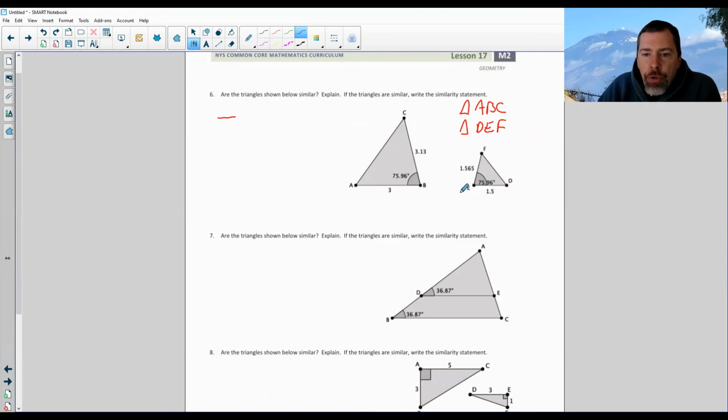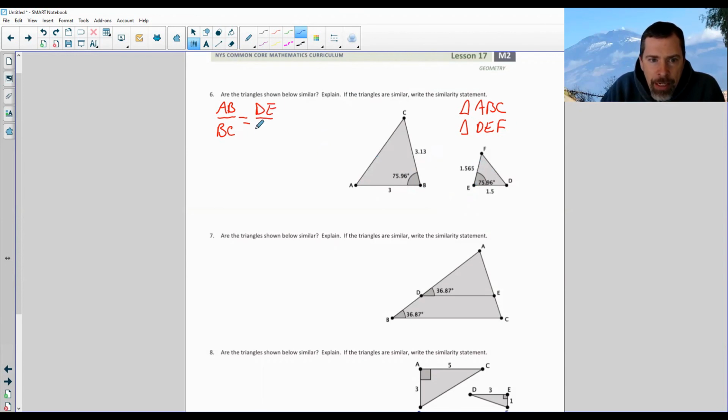Okay. So the first thing we want to do is compare sides. So I can do triangles, the same size from this triangle compared to this, or I can do corresponding side to corresponding side. Either way, it doesn't matter. I will do AB over BC equals, and if I said AB, I have to say DE over EF.